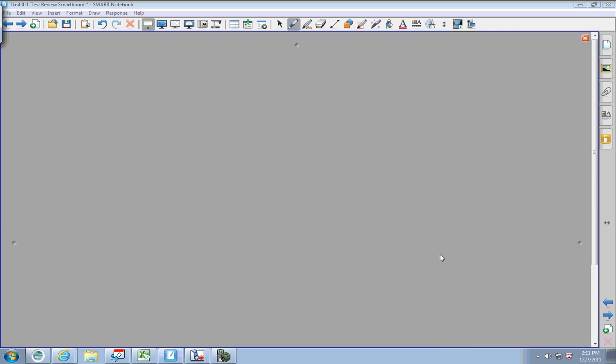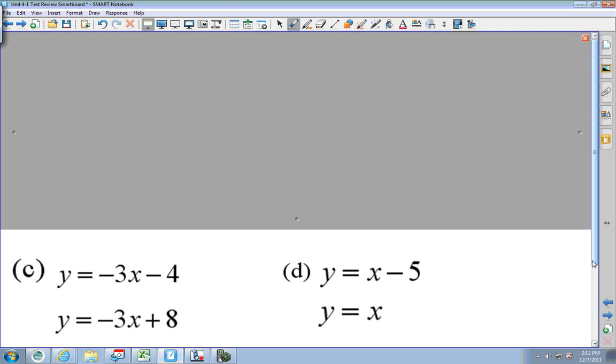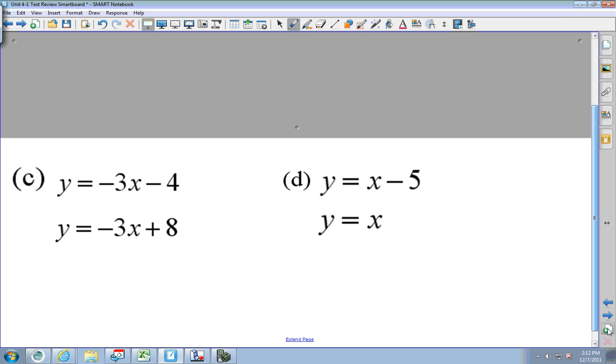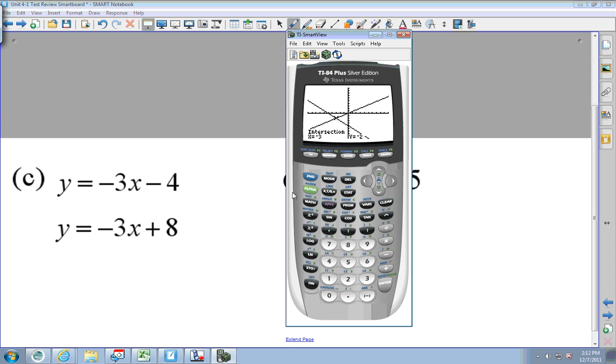Okay, the next two. There we go. So let's go in our calculator, go to y equals, and put in there -3x - 4. I'm hoping that you would look at those and know that you don't need to put it in the calculator because you already know what it is.